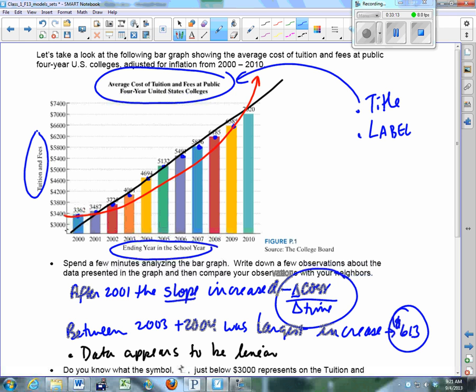You should always have a clear scale on each axis.